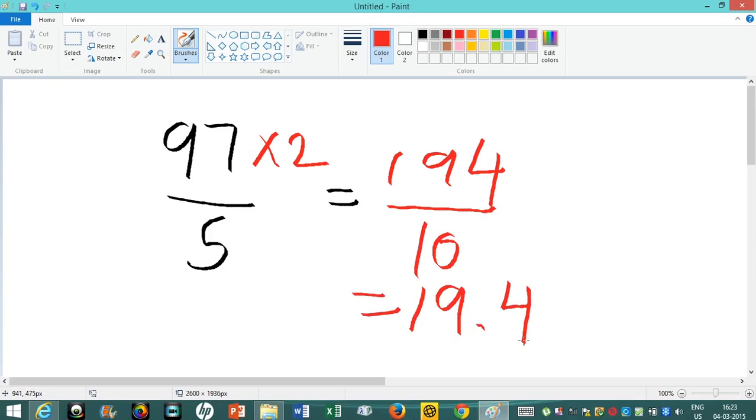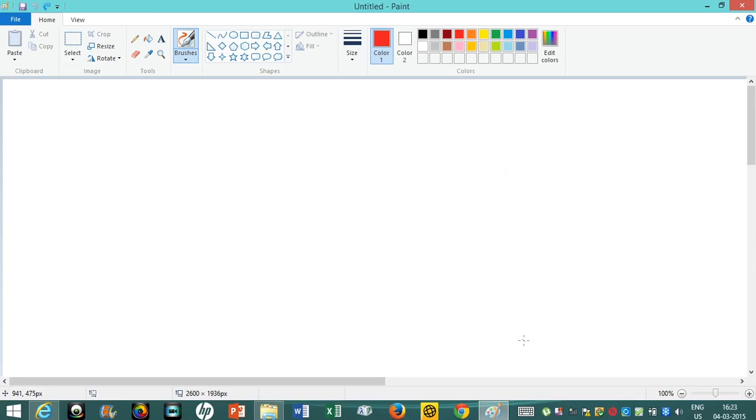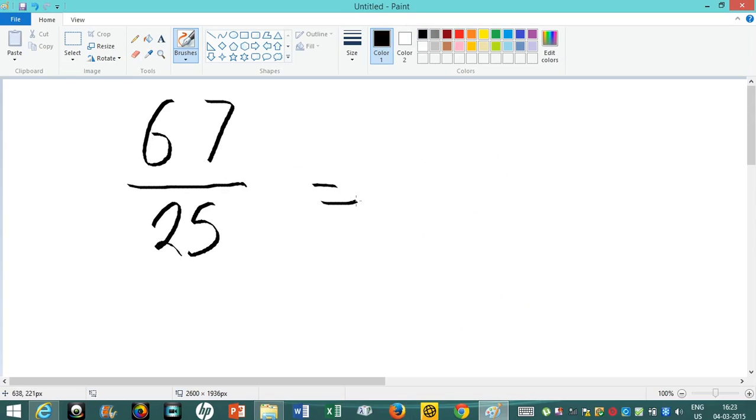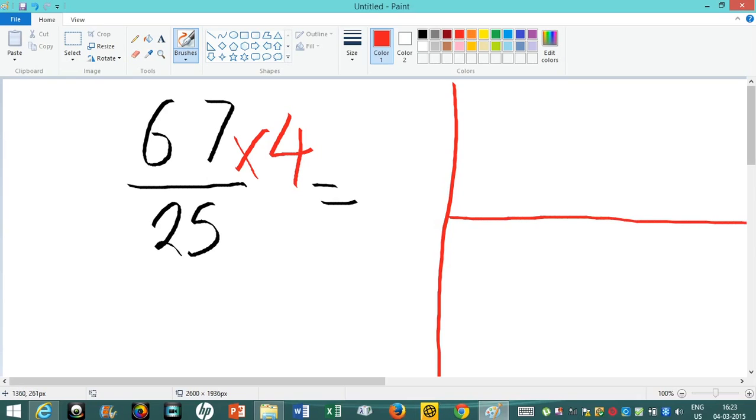Now we're going to move on to 25. Let's start off with 67 by 25. This time you don't multiply your numerator by 2, but by 4. Now this may seem a little difficult, but there are actually two methods in which you can do this easily.